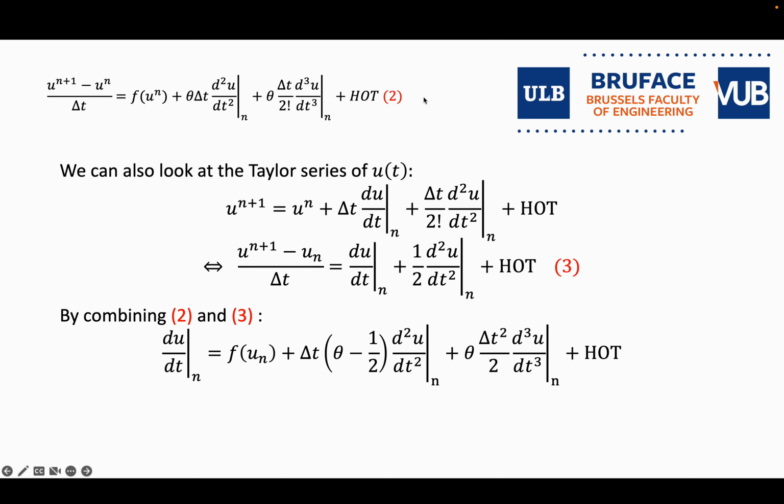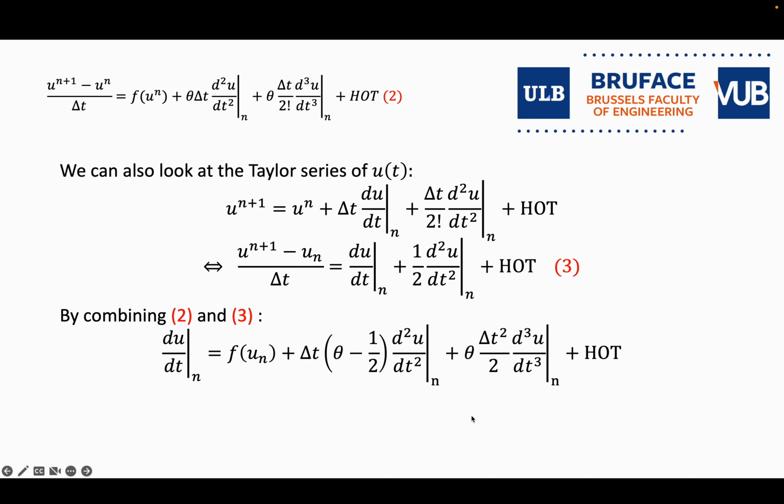And if we combine equation 2 and 3, so if we compare them, we get that we can write the time derivative of u at a certain step n as a function of mu n, of theta, of delta t, the time increment, and of the other order of time derivatives of the function u.